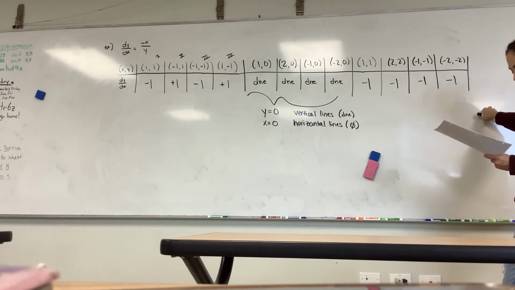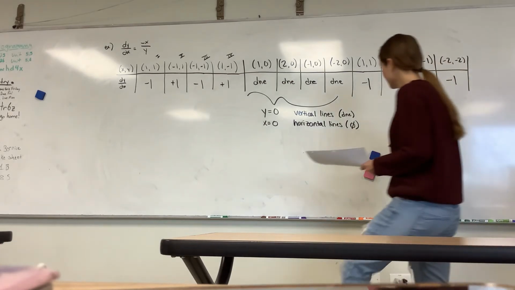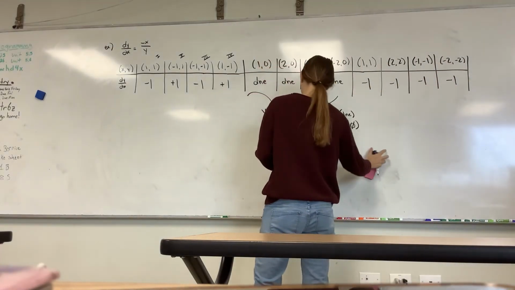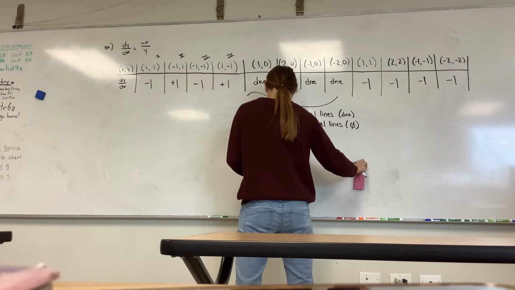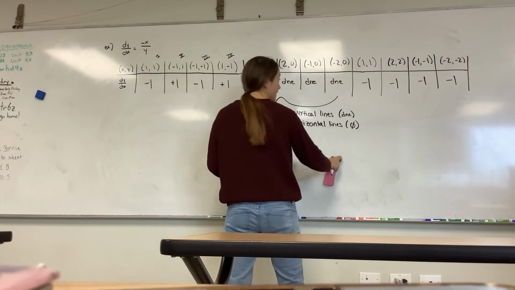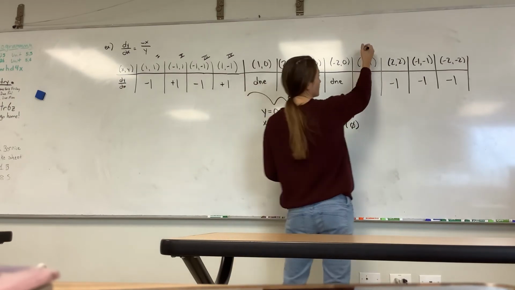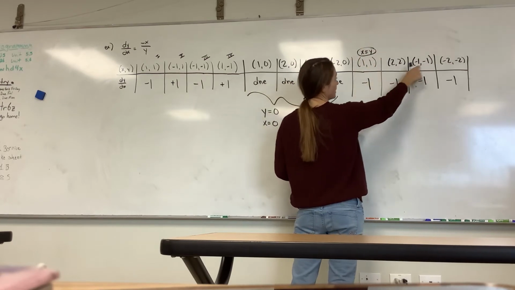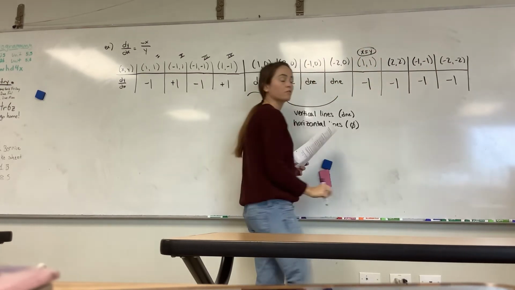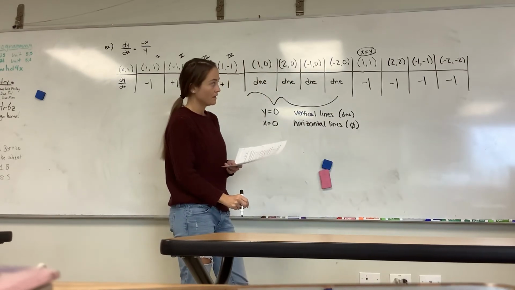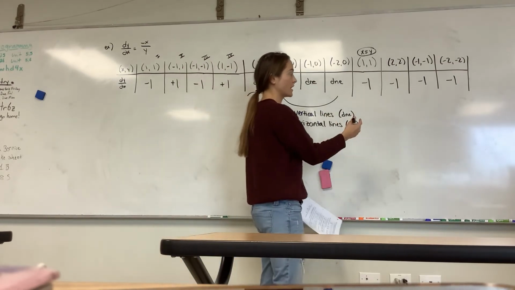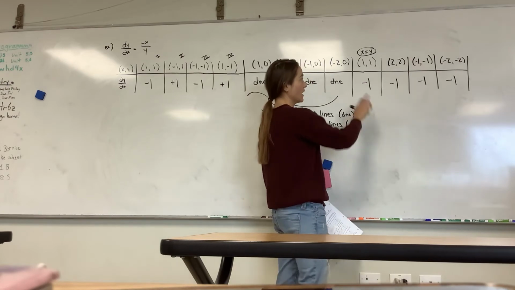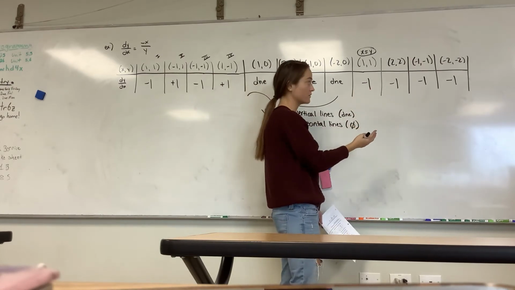So for all of these, what equation would express dy/dx equals -1? It's where x is equal to y, right? x is equal to y in each of these cases, and I got -1 in each. If I wanted to get positive 1, I would have to switch one of the x or y values to be negative.